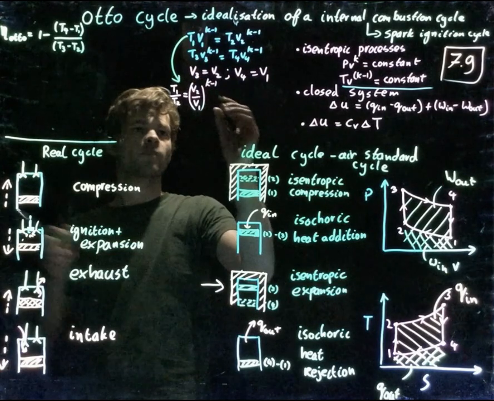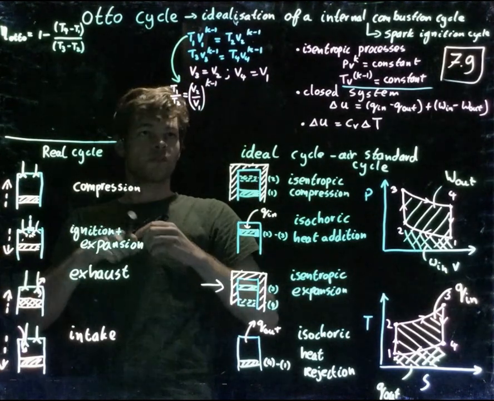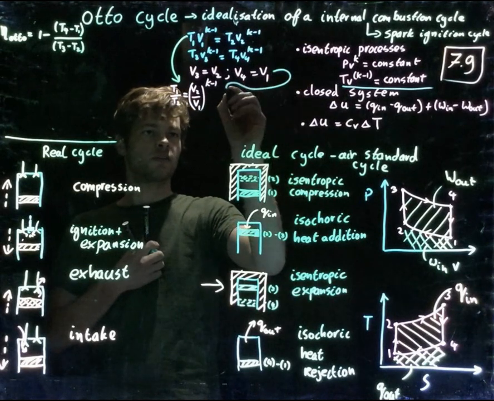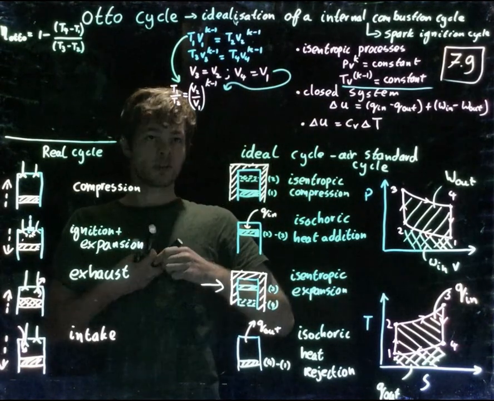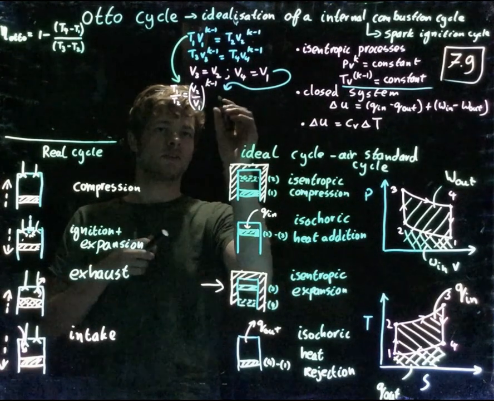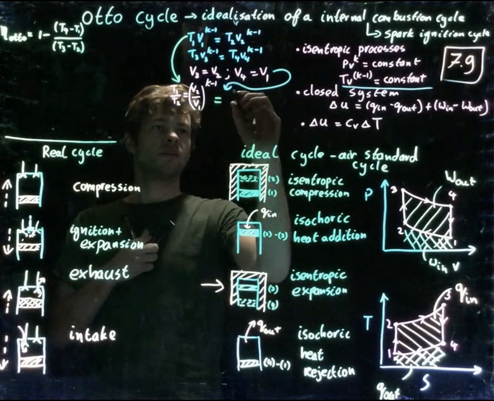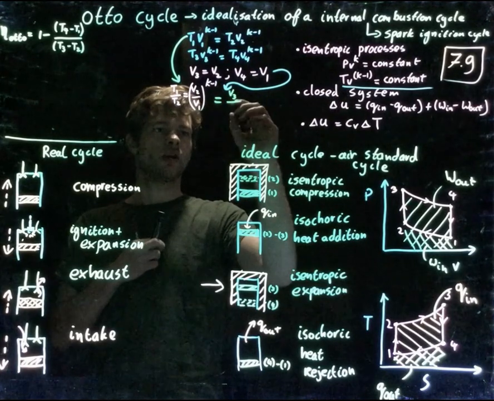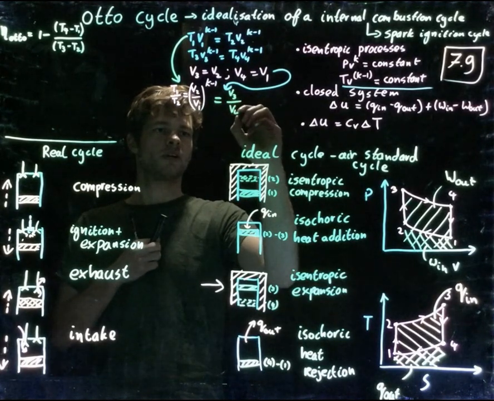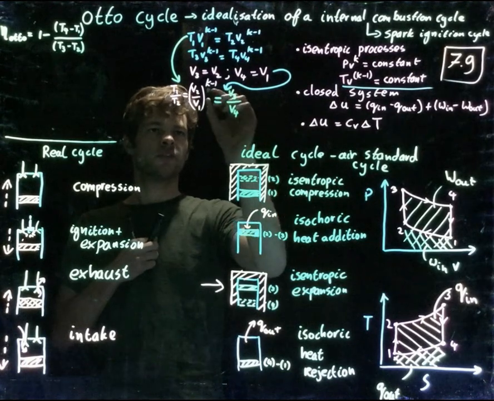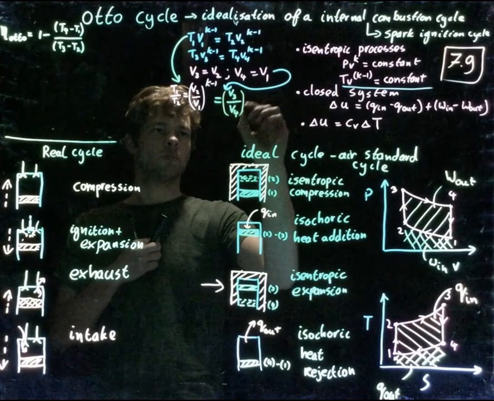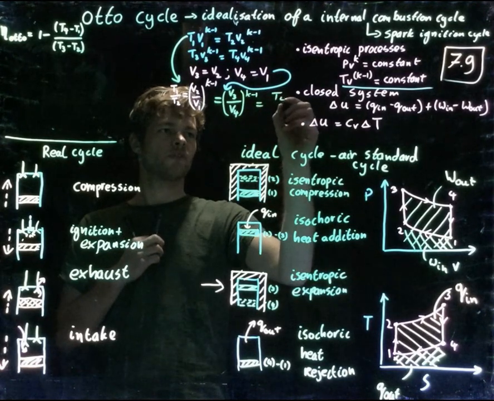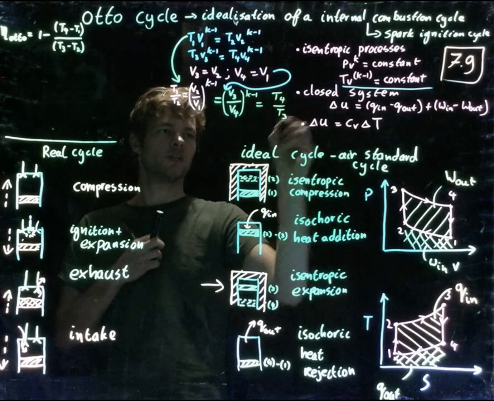Then from this part it follows that V2 is equal to V3 and V1 is equal to V4, and since the power of k minus 1 should be here as well, that's equal to T4 over T3.